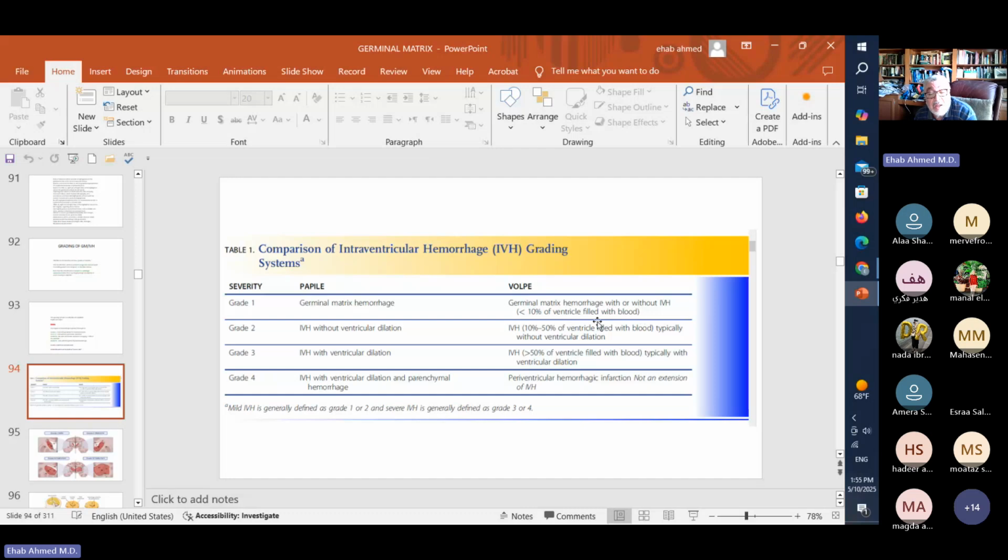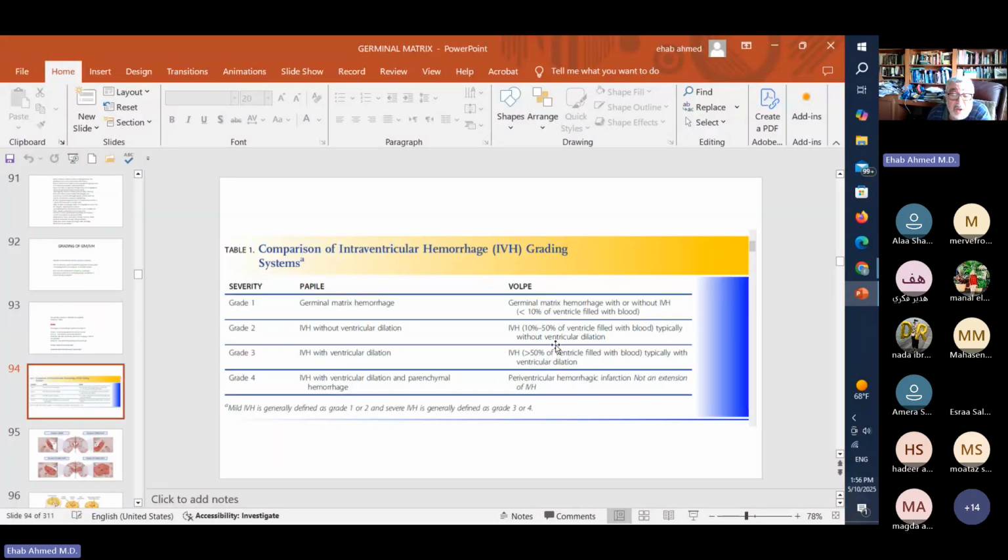So he included grade 1 and some of the grade 2 who have less than 10% bleed in the ventricle. Then grade 2, 10 to 50% of the ventricle filled with blood. Grade 3, more than 50%, of course, with ventricular dilatation.